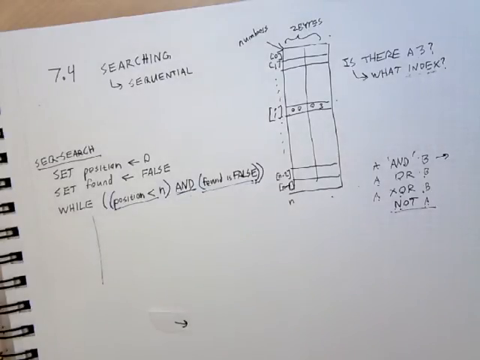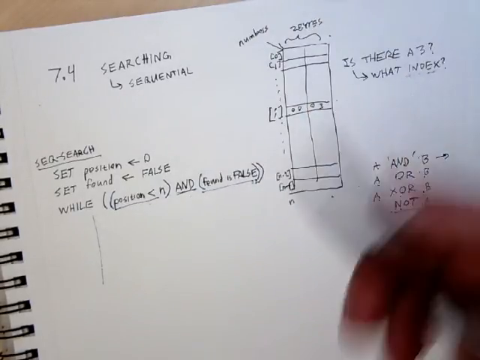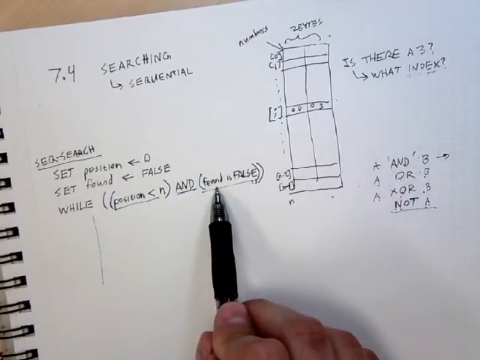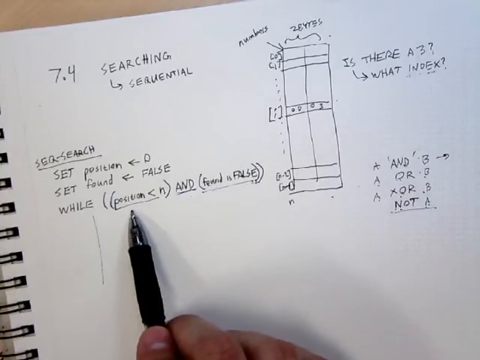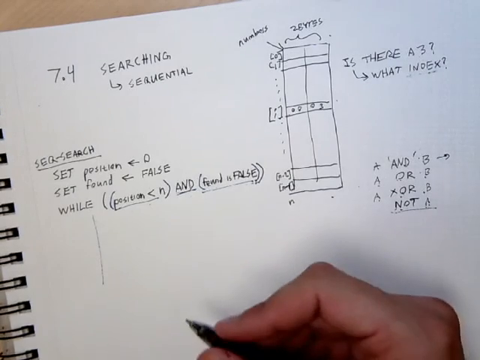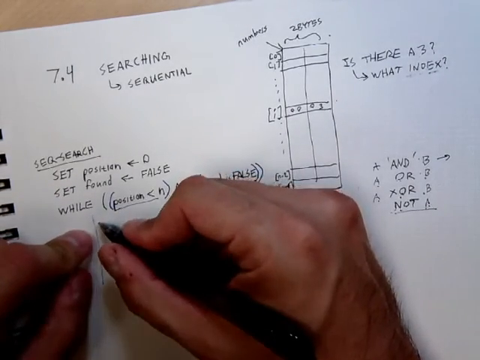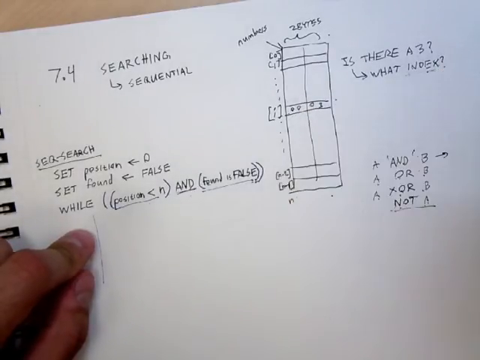So this is the idea of the while loop, and inside that while loop we're going to either set found to be true, or we're going to increment the position. So as we're going through, we're going to check. If we found it, then that would mean that the value at that position is equal to the thing that we're looking for.